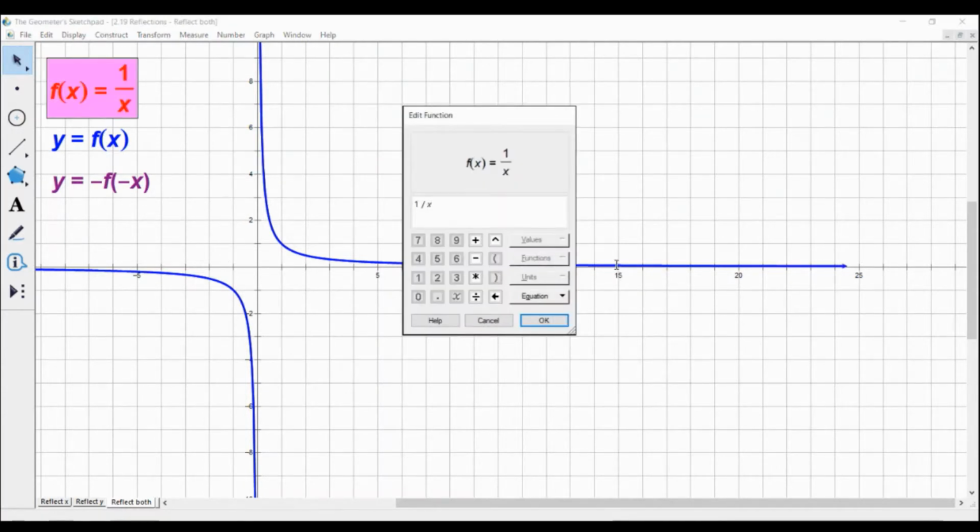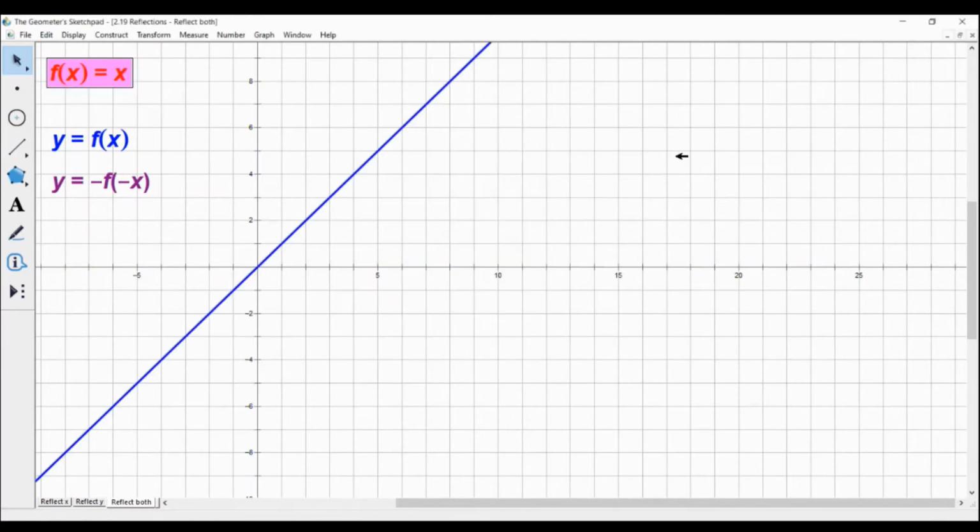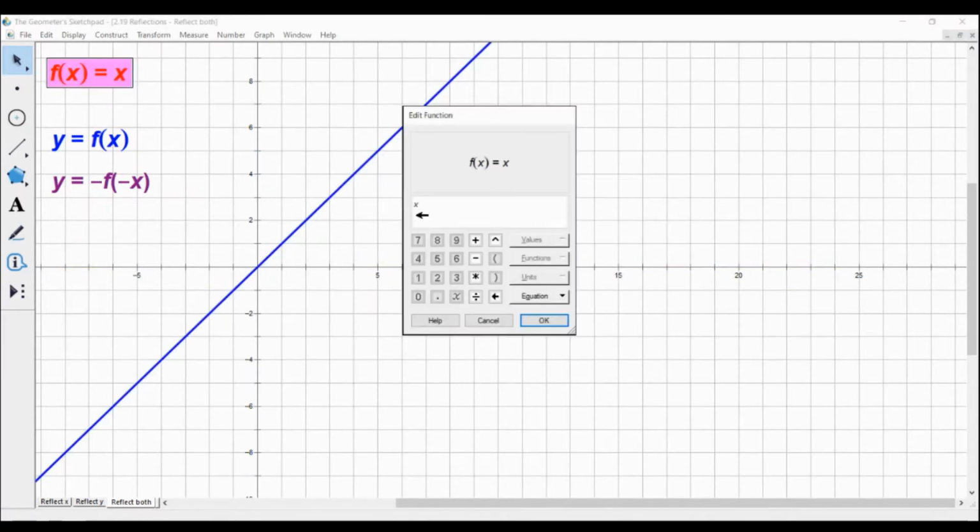And that's because, and I don't want to talk too much about a grade 12 concept, the reciprocal function is special in the sense that it's an odd function. If you reflect an odd function with respect to both the x and y axes, you will get the same graph as before. So the reciprocal function is odd, and the linear function is also odd.